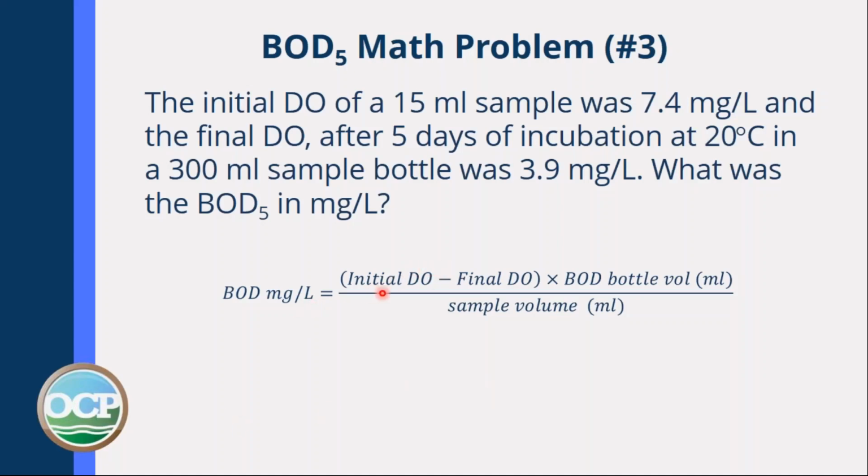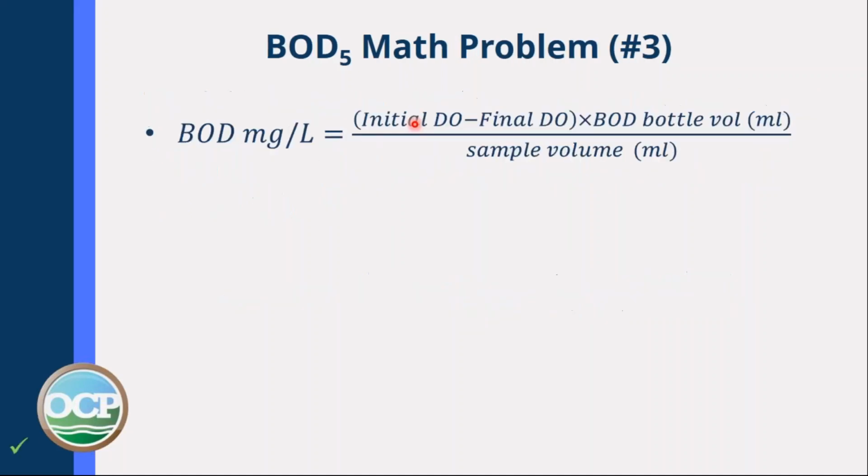So the initial dissolved oxygen was 7.4. The final dissolved oxygen was 3.9. The volume of the test bottle, the BOD bottle, was 300 mils, and the sample volume was 15 mils. And if we put all those numbers into the formula, it should look something like this.